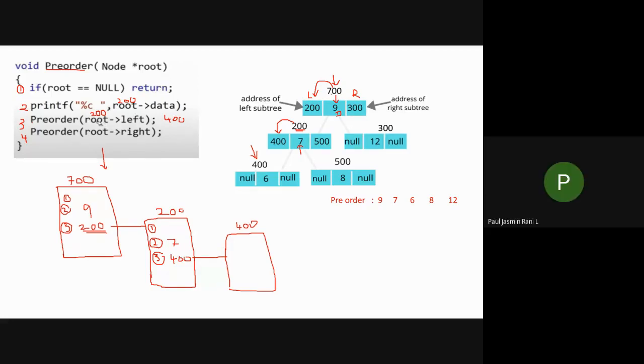Now I am in this one, my root of left. What is the root of left? After 200 it will be 400 now. So 200 of left is 400. So I am passing 400 as the root value.